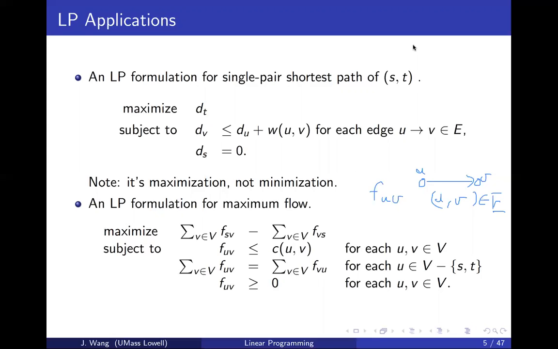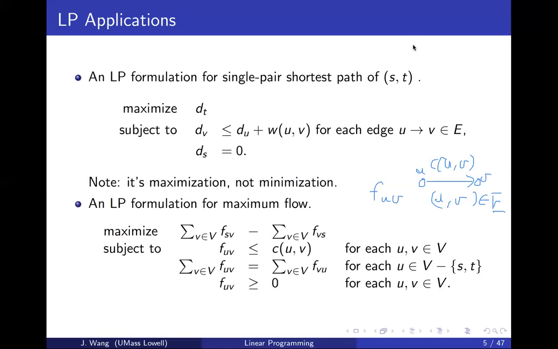Of course, each of these flows has to satisfy certain constraints. The first constraint is that it has to be bounded above by its capacity C of uv. So each f_uv is less than or equal to C of uv. We have the capacity constraint.